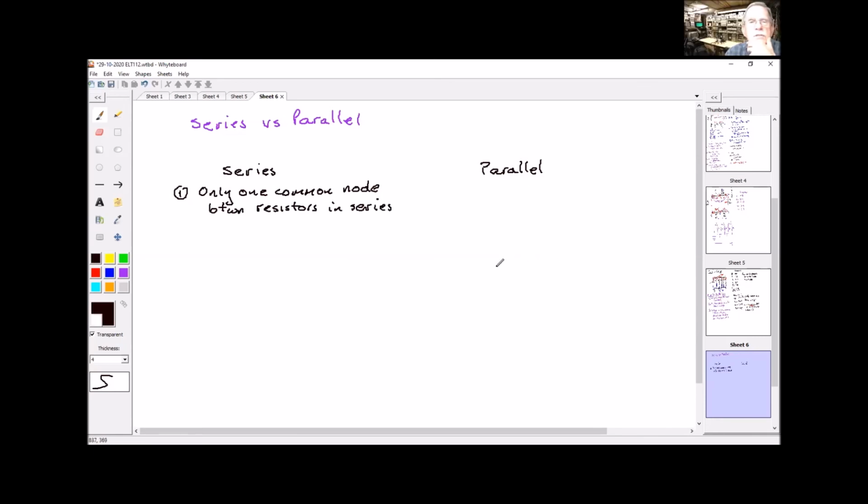If we think about series circuits versus parallel circuits, in a series circuit, we said two resistors in series only share one common node. In a parallel circuit, resistors in parallel share two common nodes, or share two nodes.